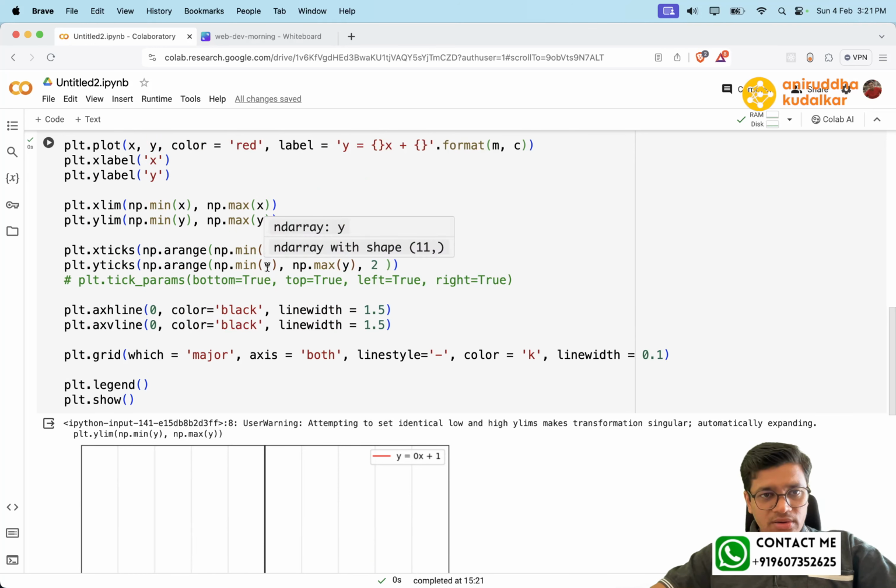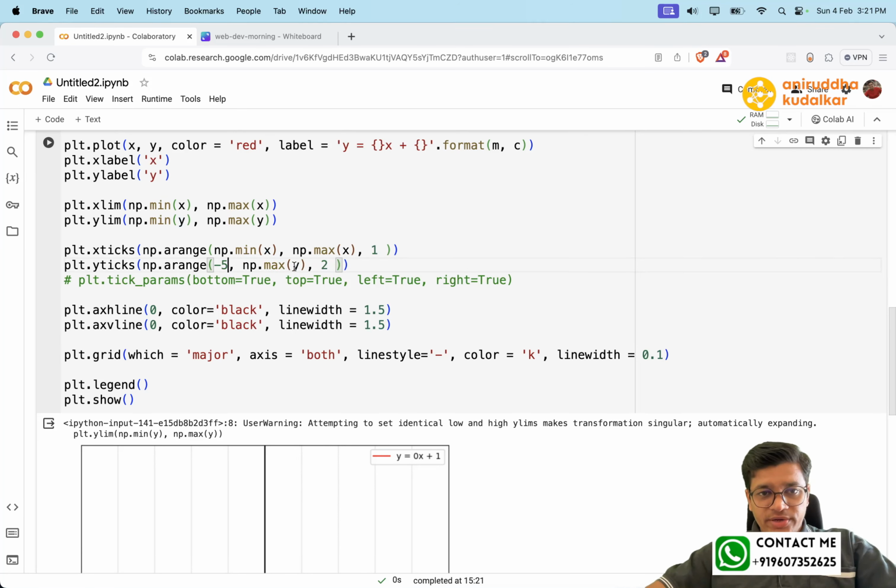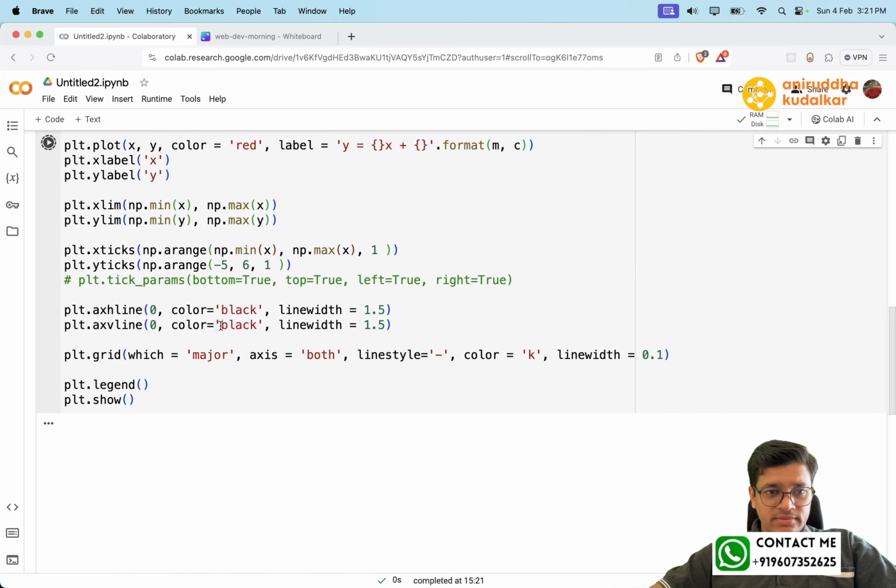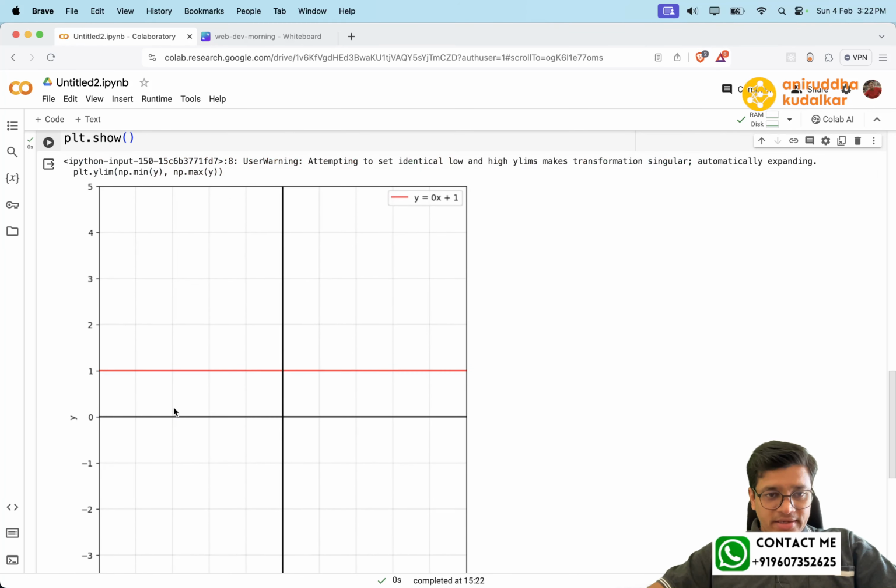Just change the y-ticks. Here I can say it will start from minus 5 to 6, like this. Let's run the project again. Yeah, can you see?